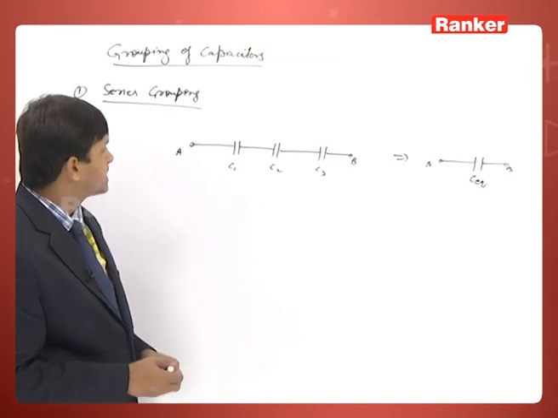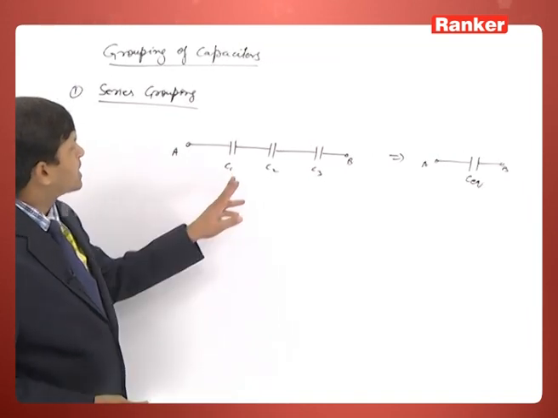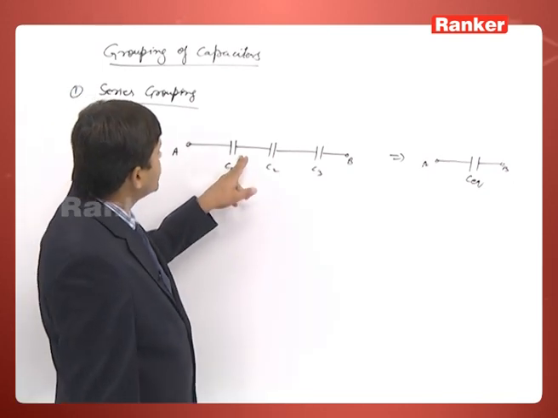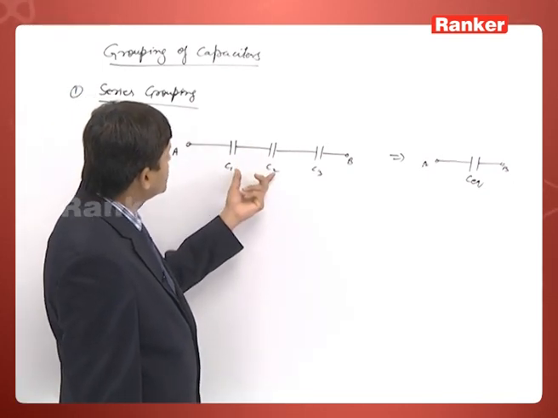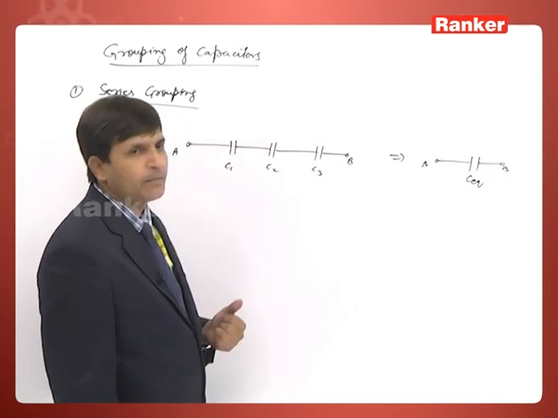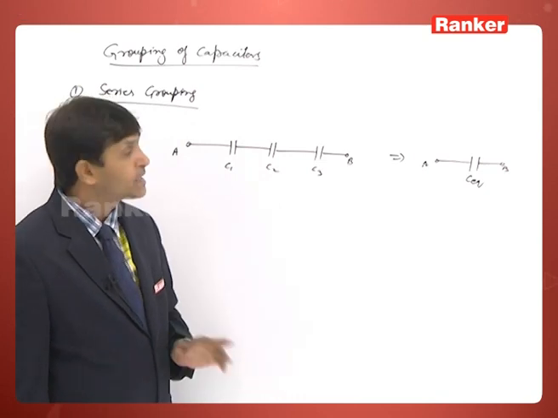that should not change. So, the first thing is how to identify that these are in series. Series means there is no interconnected branch between 2 or more capacitors; then we can say these are in series.